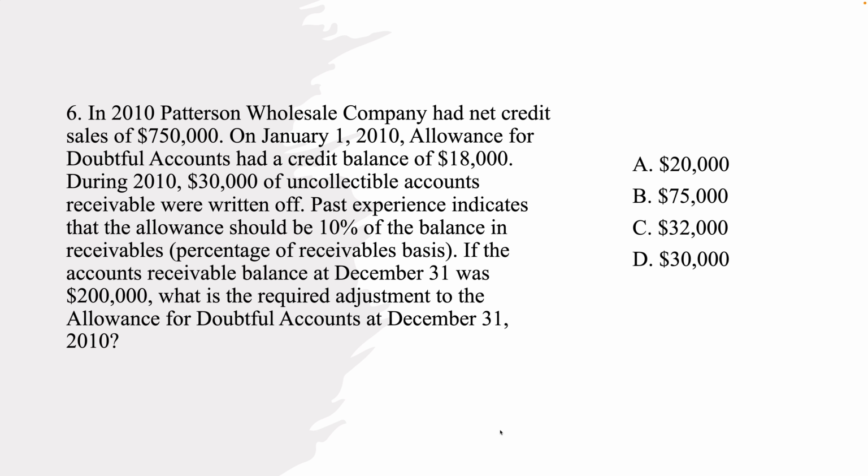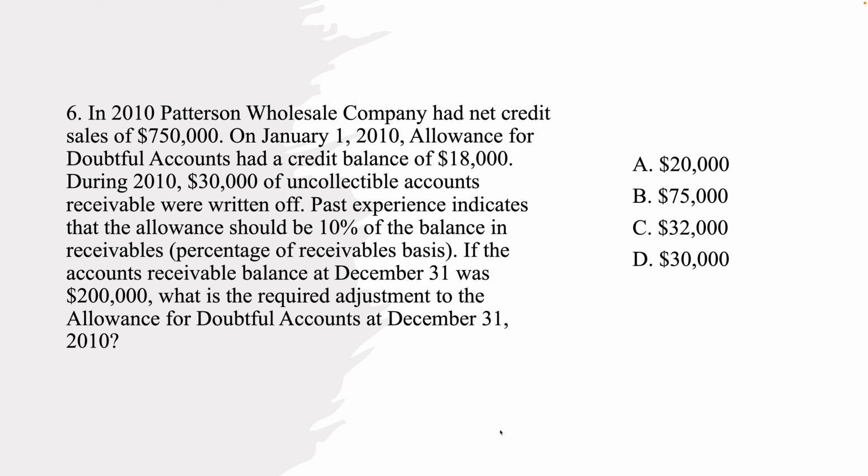Problem 6. In 2010, Patterson Wholesale Company had net credit sales of $750,000. On January 1st, 2010, the allowance for doubtful accounts had a credit balance of $18,000. And during the year, $30,000 of uncollectible accounts receivable were written off.